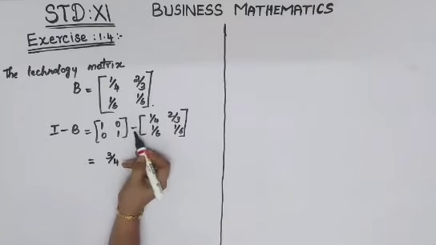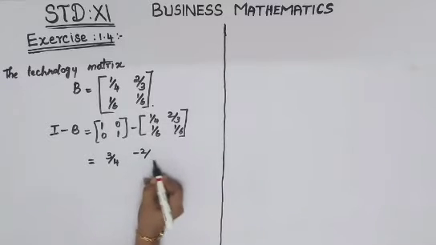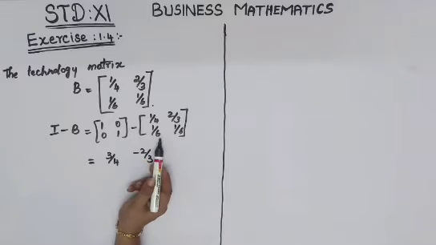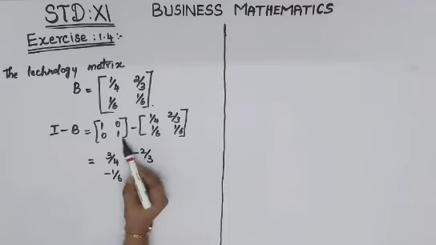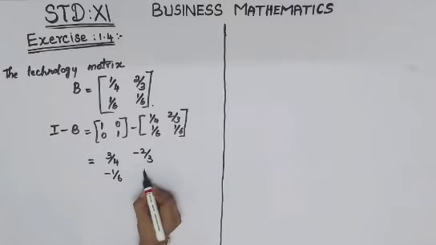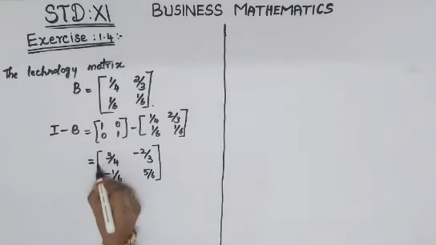Then 0 minus 2 by 3, so minus 2 by 3. Same way 0 minus 1 by 6, so minus 1 by 6. Then 1 minus 1 by 6, go for your LCM, you'll get 5 by 6. So this is your I minus B.